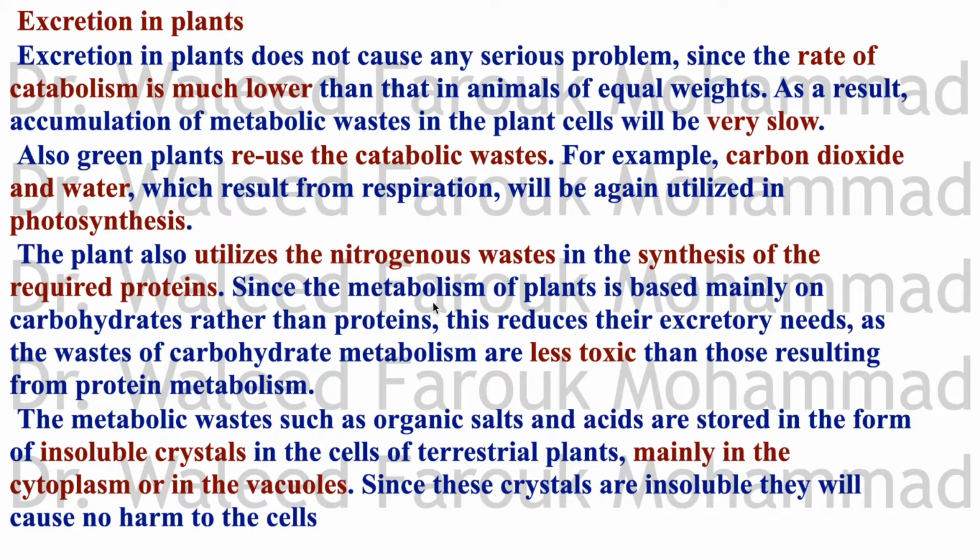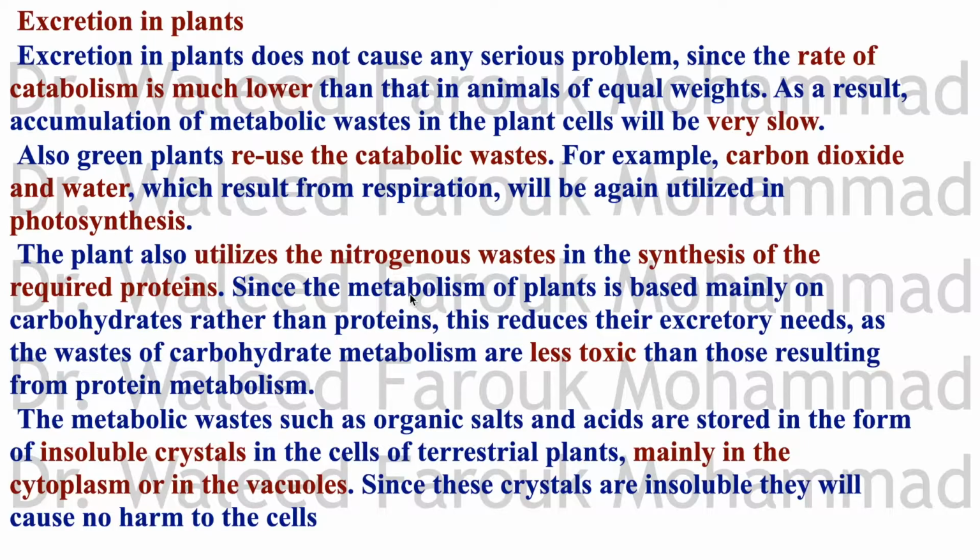Excretion in plants is at a much lower rate, because the metabolism, or the catabolism, is much lower than that of animals of equal weights. It's very slow. The accumulation of metabolic waste is very slow.